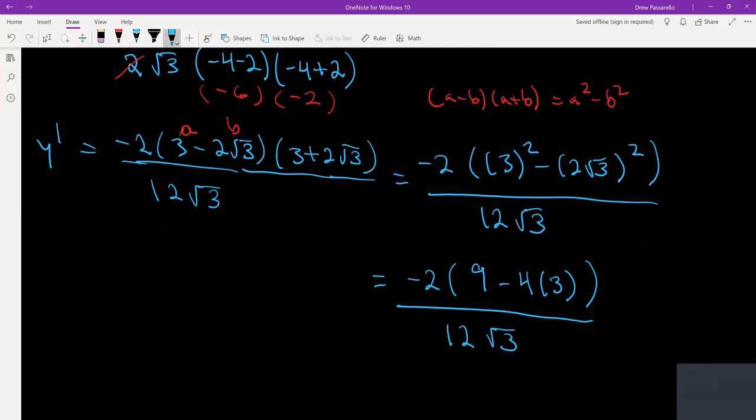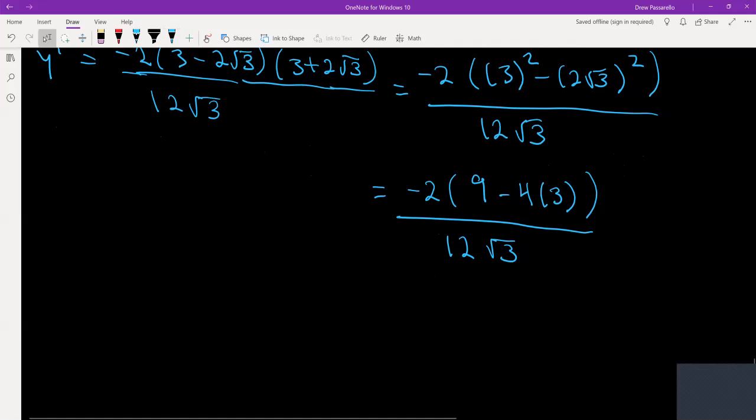2 squared is 4. All right, so I basically have 9 minus 12. And that's going to be, so what is that? So this is 9 minus 12, and that should be, just blanking out here real quick. That's going to be negative 3, right? So I have negative 3, because 9 minus 12 is negative 3.